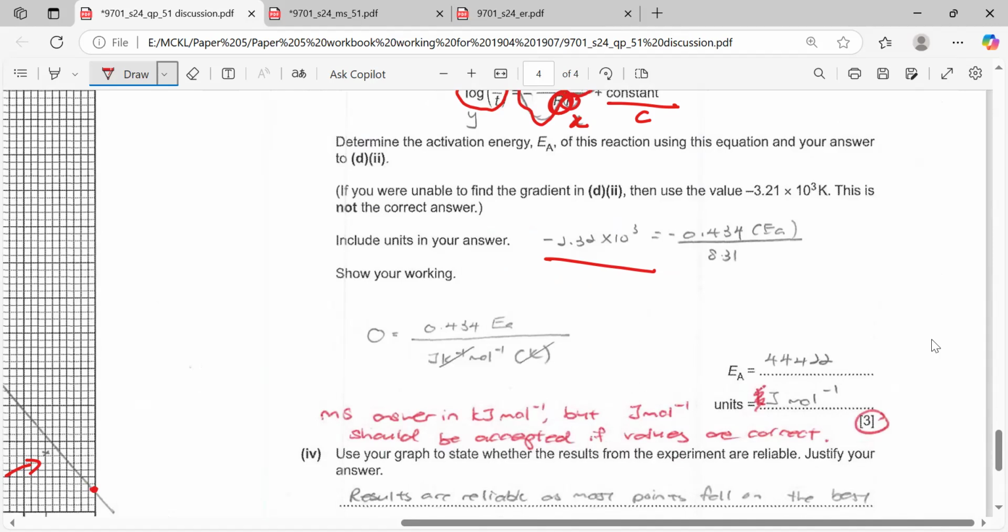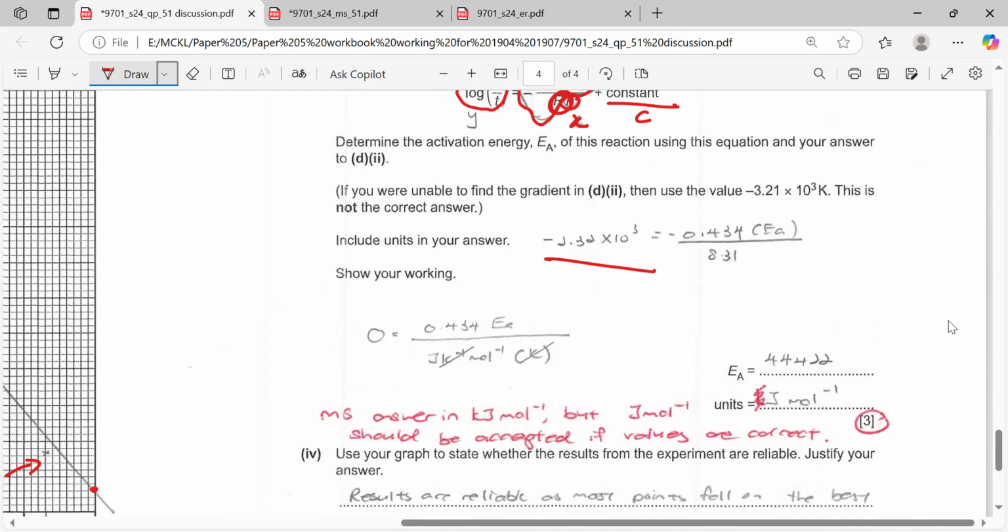Now, when I calculate it out, I realized that I need to derive the units. So therefore, I need to go and find out what the unit is first. So first, I have the 0.434 Ea divided by the 8.31.